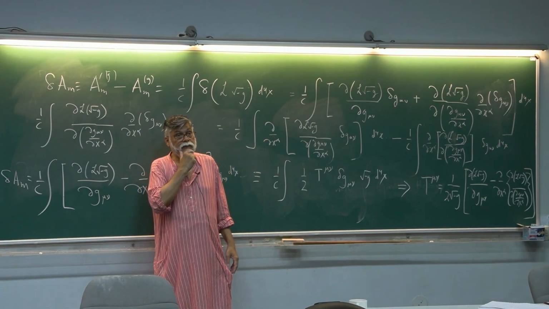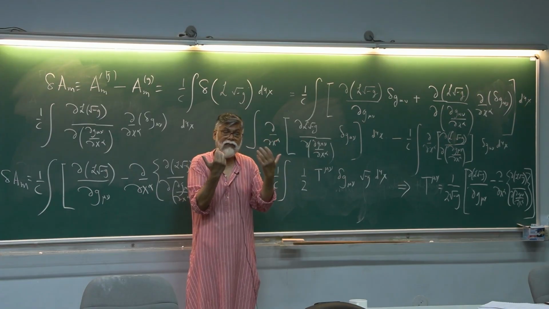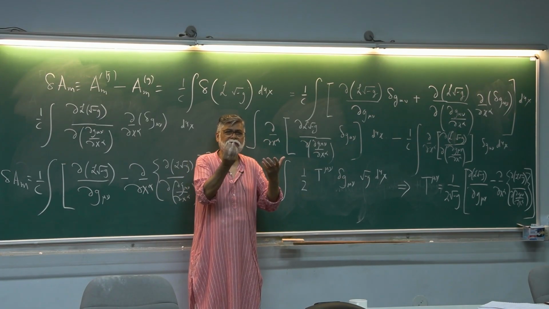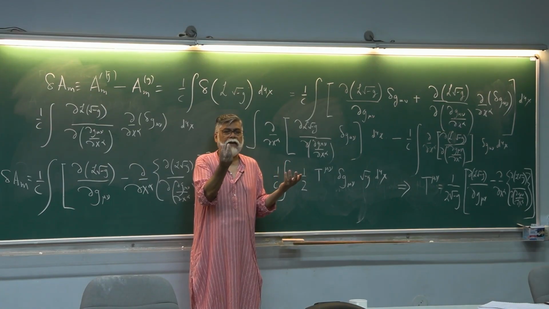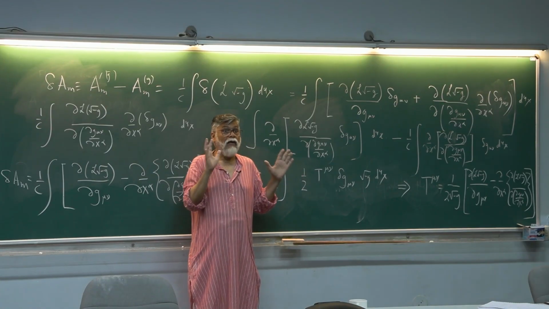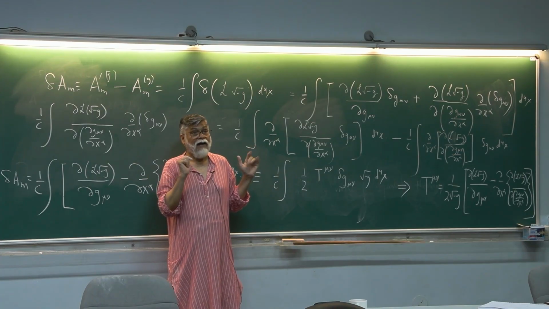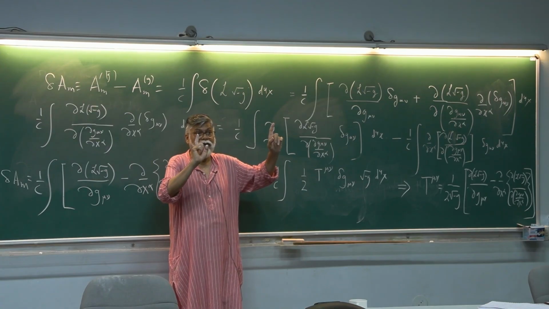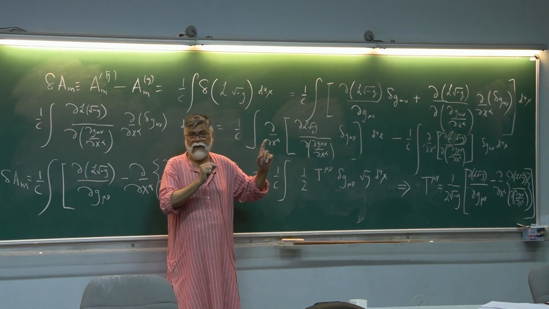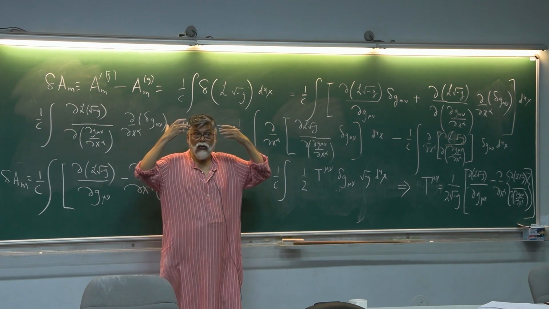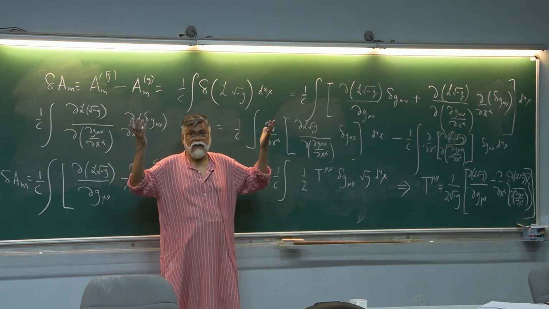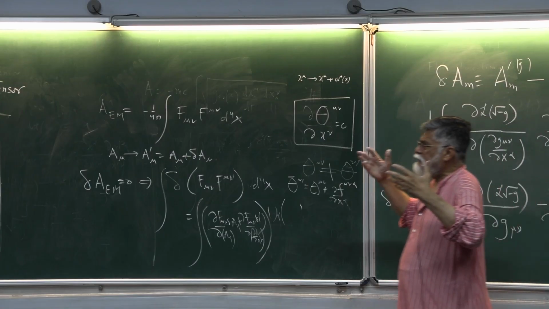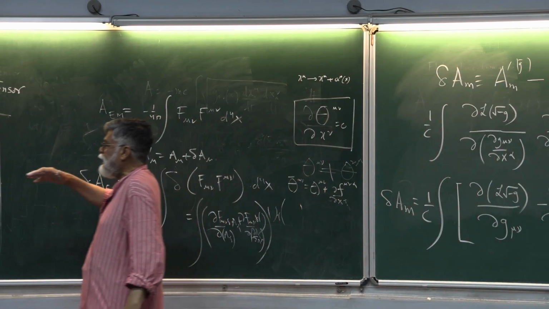Then you demand that you gave me a flat space-time matter action. I chose a curvilinear coordinate system, so there will be metric appearing, there will be Christoffel symbol appearing. Now I will do something magical. I will not do any coordinate transformation, I will vary the metric infinitesimally. And what do I get? This is out of the box thinking. As a mathematician, I will say, oh yes, in the curvilinear coordinate system, I had a metric g mu nu.